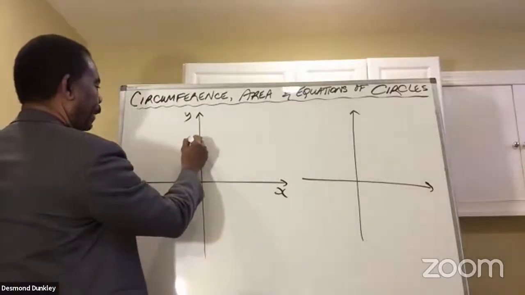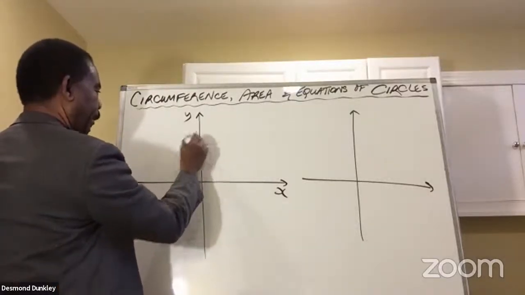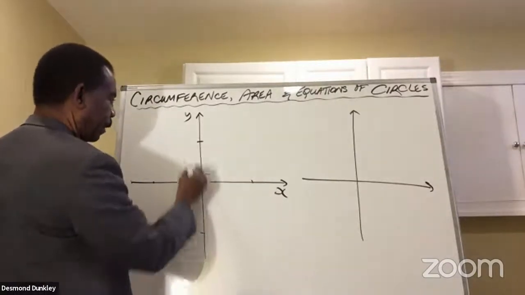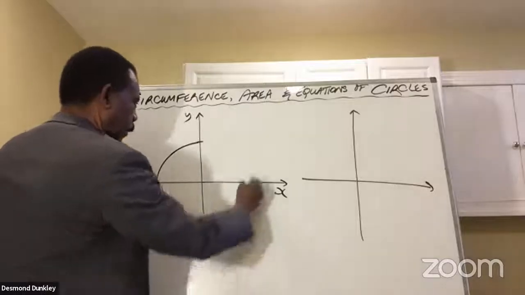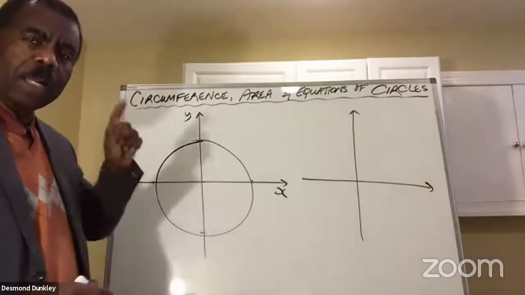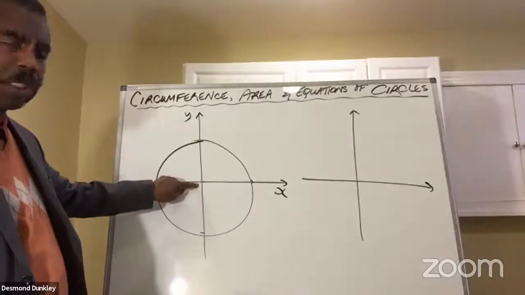So we're talking about having something like this. I'm going to sketch it. Okay, so that's one version, assuming that the center is at the origin.